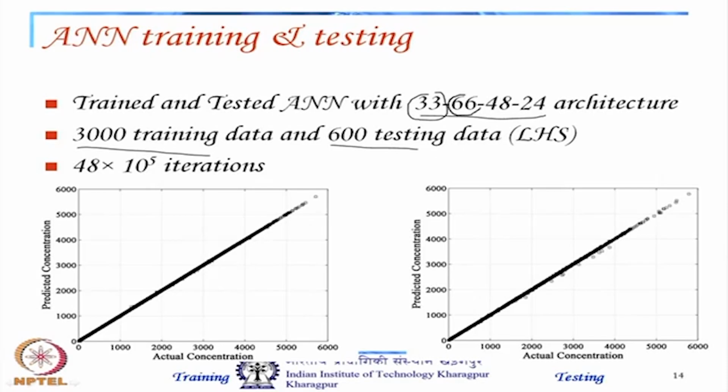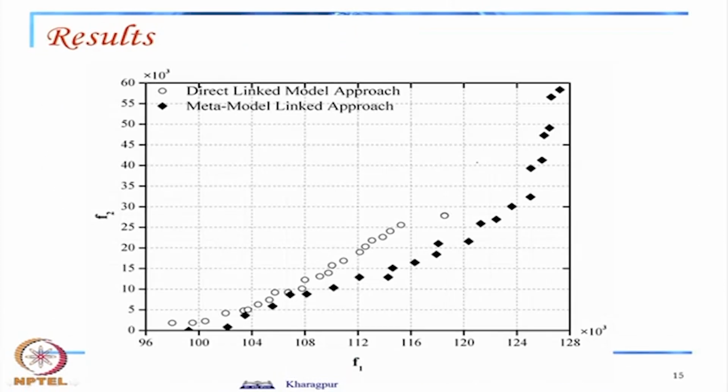These are 2 hidden layers, and this is the output thing. So, we can see that meta model based approach is giving almost equal or better result compared to our direct linked simulation optimization model.